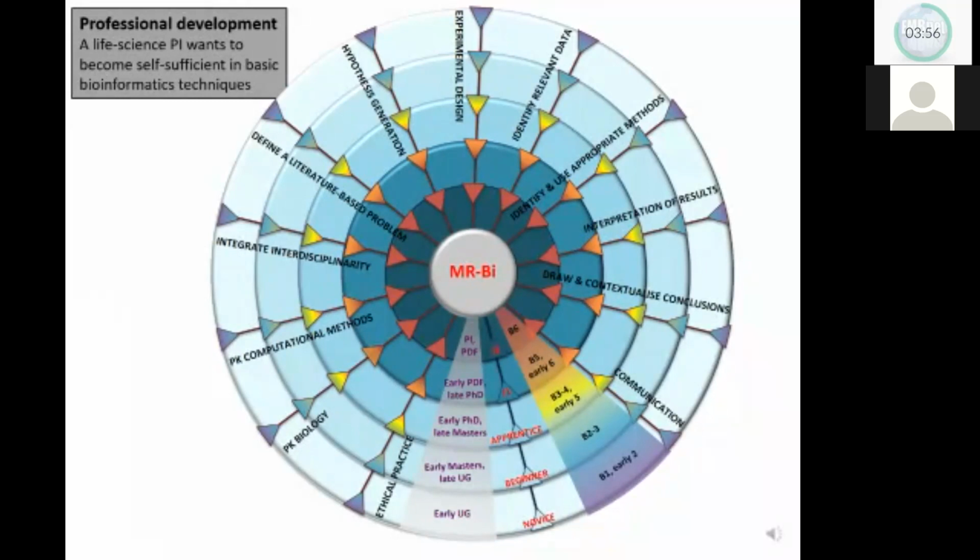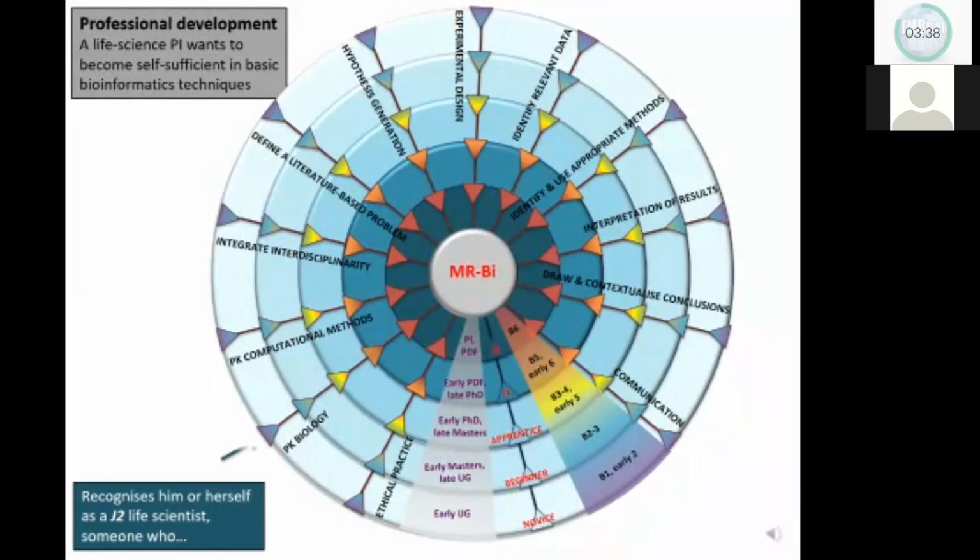In this application, we imagine that a life science PI wants to become self-sufficient in basic bioinformatics techniques and not have to hassle his or her colleagues or students for help. And this individual recognizes him or herself as a J2 independent life scientist.